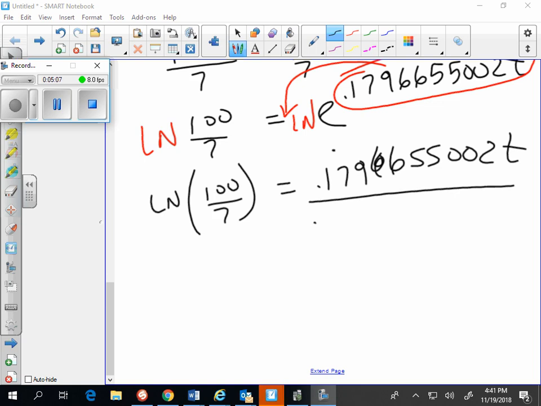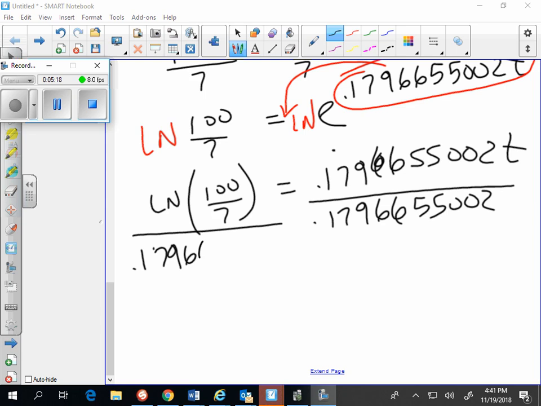And now I need to divide by the rate, 0.1796655002 is what I'm dividing by. And that will give me the time it takes for me to have 100 gnomes in my backyard.